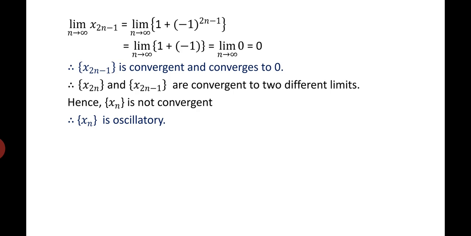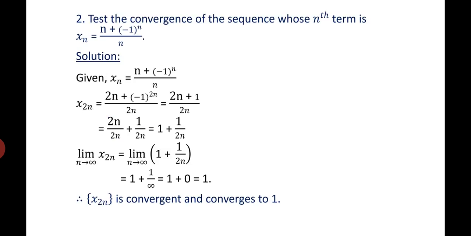So limit n tends to infinity, minus 1 plus 1 is equal to 0. Therefore, x2n minus 1 is also convergent and converges to 0. Therefore, x2n and x2n minus 1 converge to two different limits. Hence, xn is not convergent. Since it is not convergent, it is oscillatory.